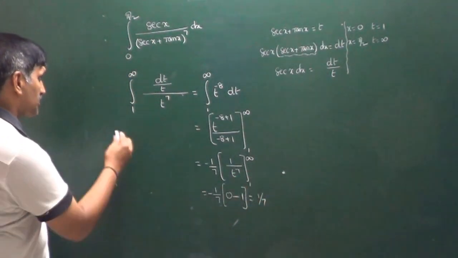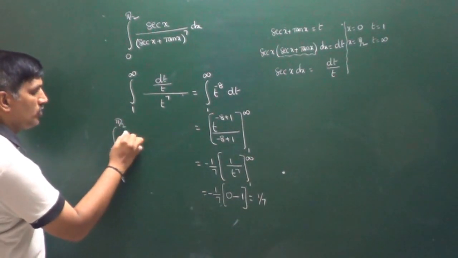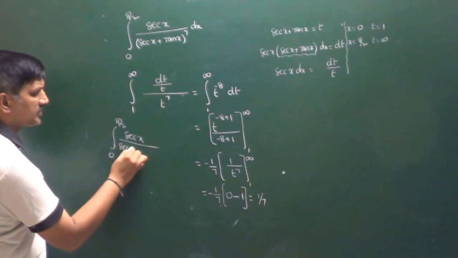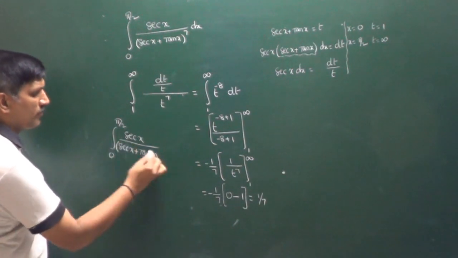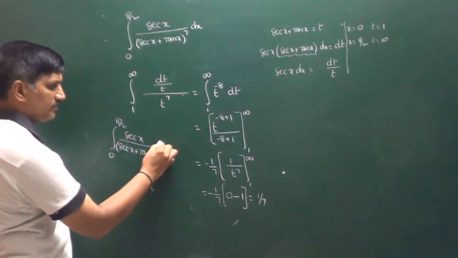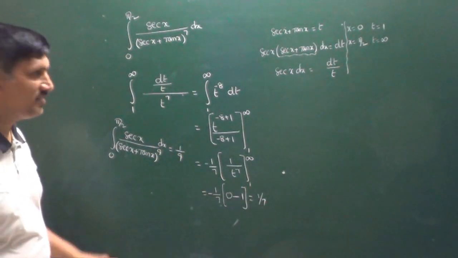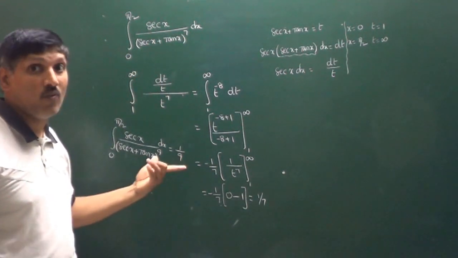Suppose next time the question is given like this: integral 0 to pi by 2 of secant x divided by secant x plus tan x whole to the power of 9. Then directly I can write the answer as 1 by 9. We got the answer as 1 by 7, similarly you will get 1 by 9.